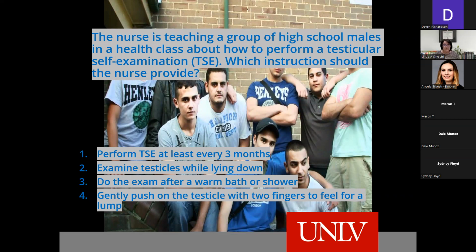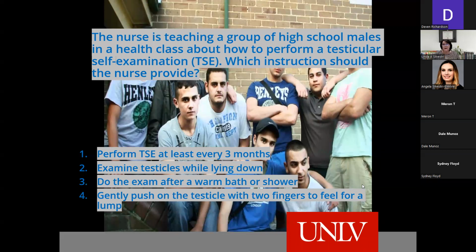Perform TSE at least every 3 months, examine the testicles while lying down, do the exam after a warm bath or shower, gently push on the testicle with 2 fingers to feel for a lump.